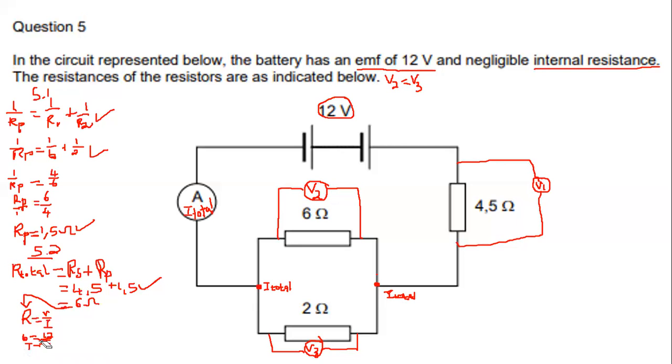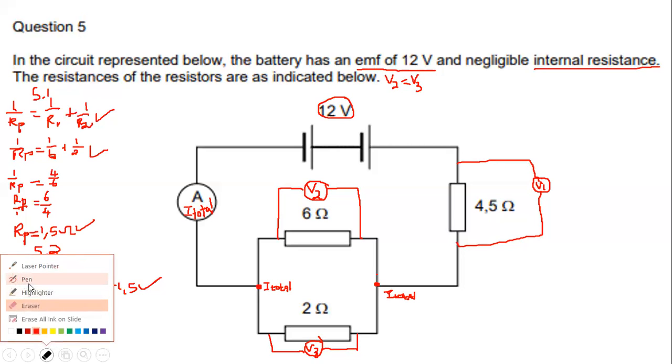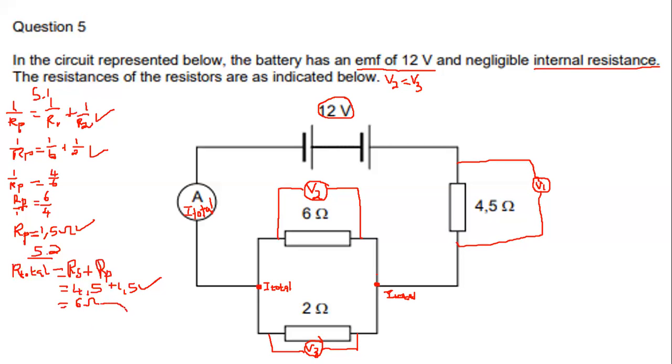Right. Let me just write it there for you. We then take it there and we say R is equal to a value of V divided by I. Then the total resistance of the circuit, we agree it's 6. The total voltage is 12 divided by current. Because I substituted the total resistance, the total voltage, then this is definitely the total current, which is what the ammeter is measuring.